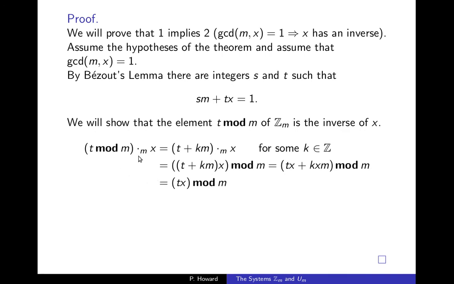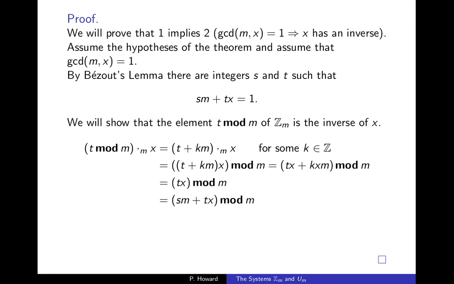So the multiplication gives us t times x mod m. And now we are going to insert a multiple of m.